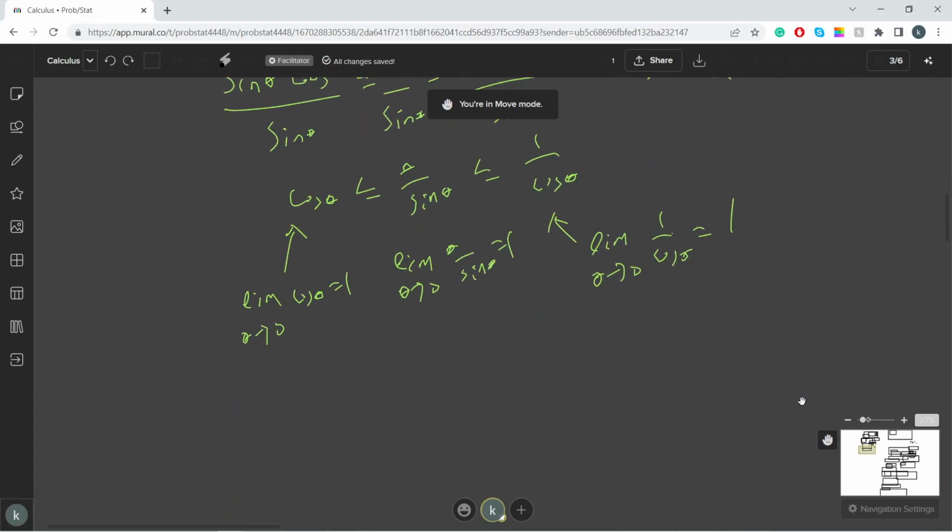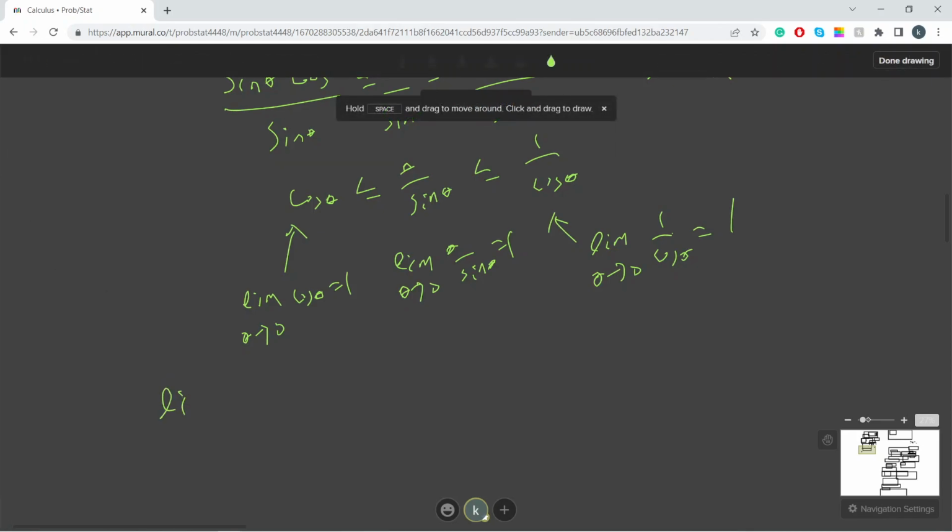Theta over sine theta is simply the reciprocal of the limit we were trying to find, right? So we know that the limit as theta approaches 0 of sine theta over theta equals the limit as theta approaches 0 of 1 over theta over sine theta.